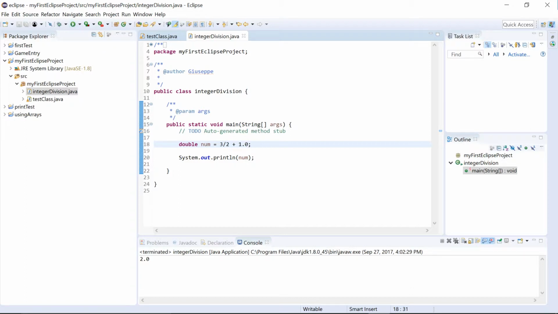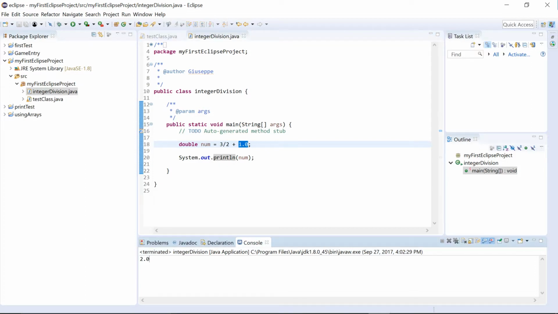Again, let's look at the right-hand side of the equals. 3 is an integer and 2 is an integer, so when Java looks at this, it's doing an integer division. So this part here, which gets executed first, is 1, right? And then we're adding 1.0, which is a double. So now our double outputs 2.0.